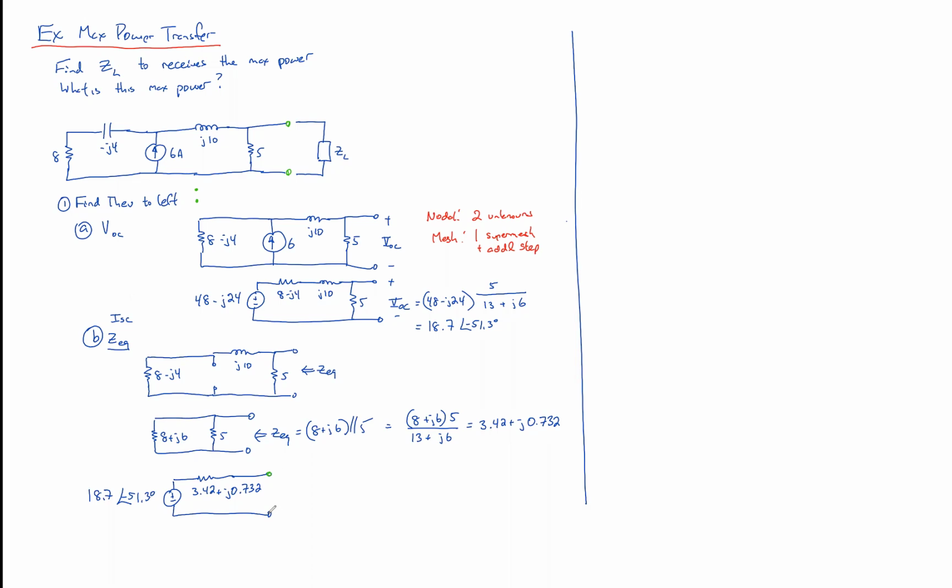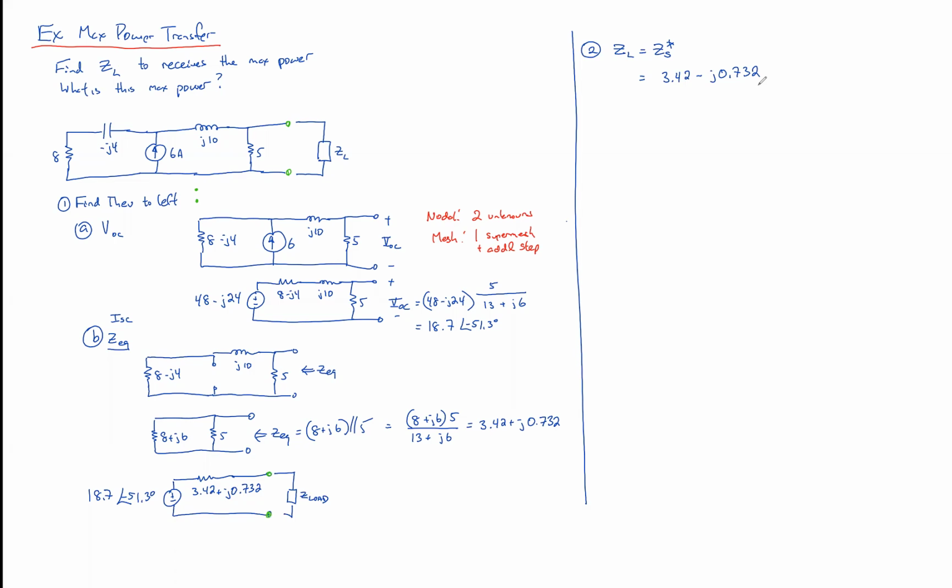So drawing it just like we did above, now we can simplify this dramatically, and now we can solve the problem. Z load is equal to the complex conjugate of Z source. So it's going to be equal to 3.42 minus J0.732 ohms.